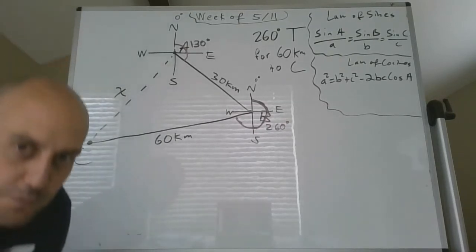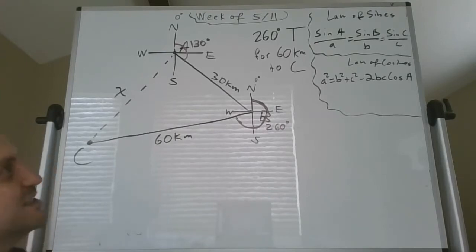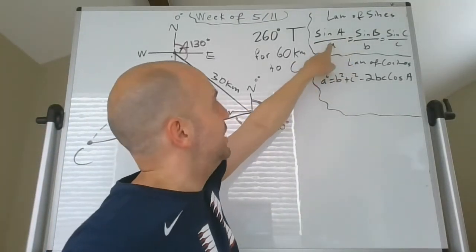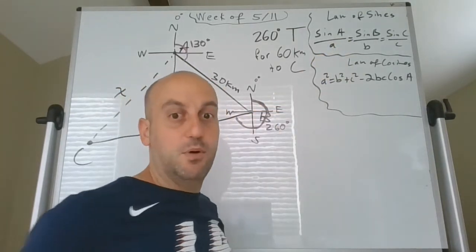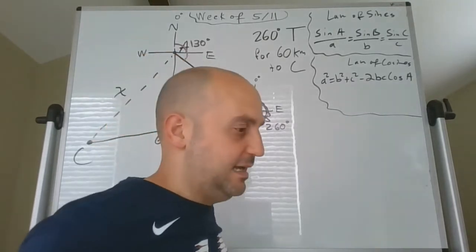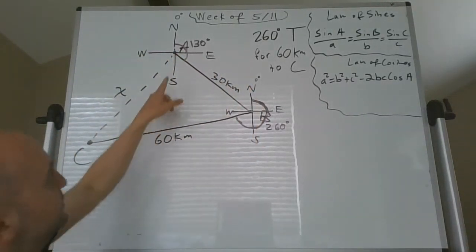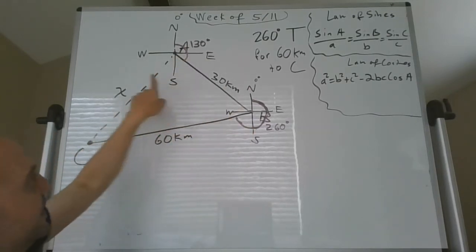All right, let's analyze what we can do here. Let's look at law of sines first. Law of sines, remember, you have 3 of these things and are missing 1. So you either have both sides and one of their angles, or both angles and one of the sides. But we have a problem here, because we have a few of these external angles, but we don't have the internal angles just yet.